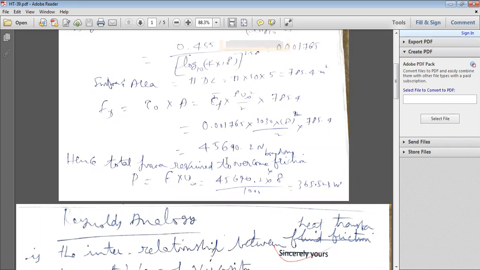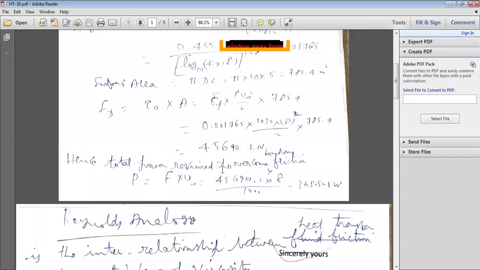So how much power is required to overcome this force? That is to be calculated.